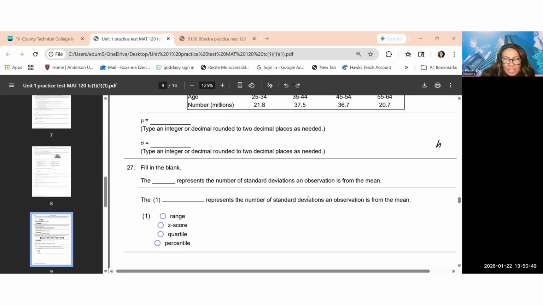And for 55 to 64, if you pick someone at random, that probability is the frequency of the class, the total number of people in that class, all over the total frequency.